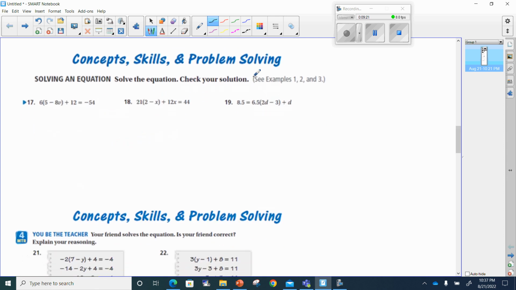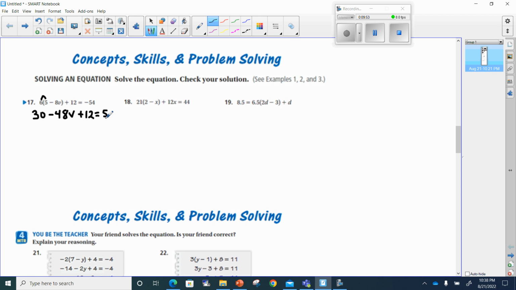Solve the equation. All right, so 6 times 5 minus 8v plus 12 equals negative 54. Well, I got to distribute properties. 6 times 5, that's 30. 6 times 8v, that's negative 48v. I bring down the positive 12 equals negative 54.